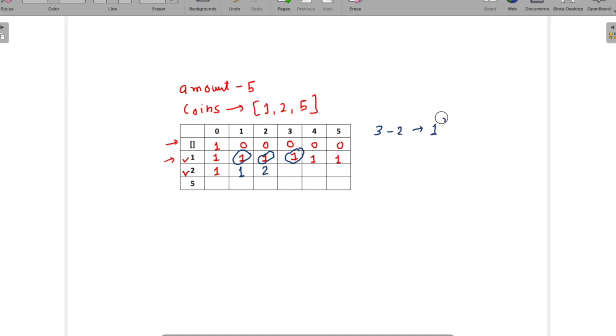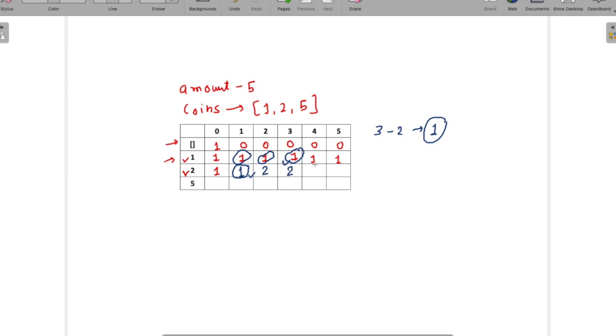We know already for amount equal to 1 what all possible combinations we can make. If we add this and this, that will give us the total for amount 3 with the denominations 1 and 2. So 1 plus 1 gives us a result equal to 2.